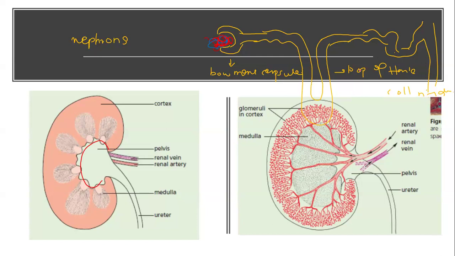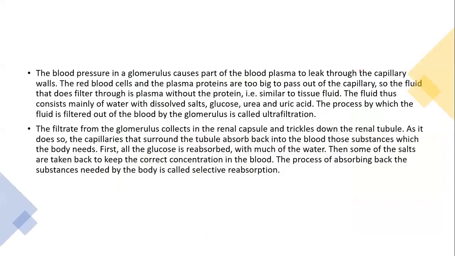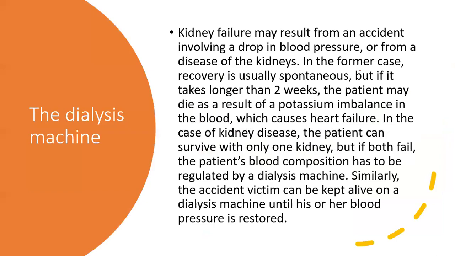Now, when we talk about our nephron, how does the actual process of excretion work? How is it that the body removes the waste products? Because let's be honest, not everything in the blood has to be removed. There are some things that we want to keep a hold of. So how does the body actually do it? The body does it with the help of two processes.